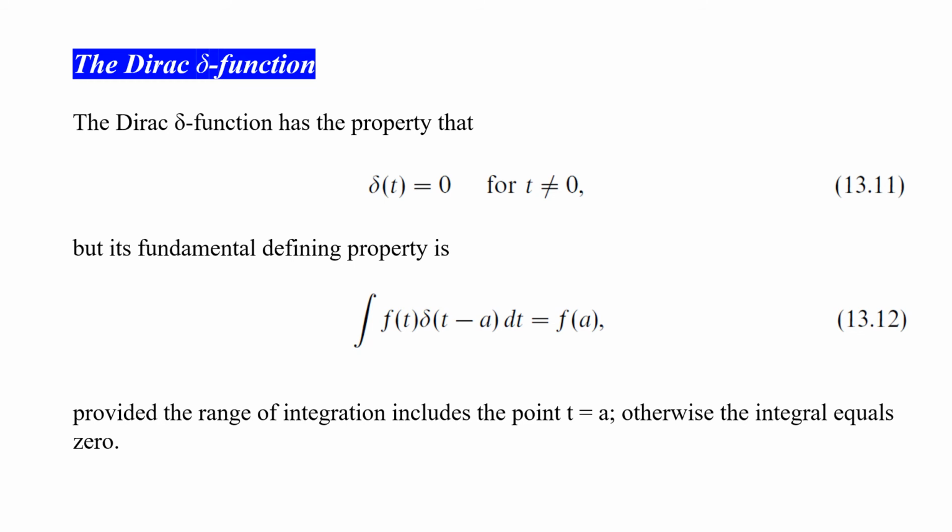But its fundamental defining property is that the integral of f of t times delta of t minus a dt is equal to f of a, provided that the range of integration includes the point t equal to a. Otherwise, the integral equals 0.